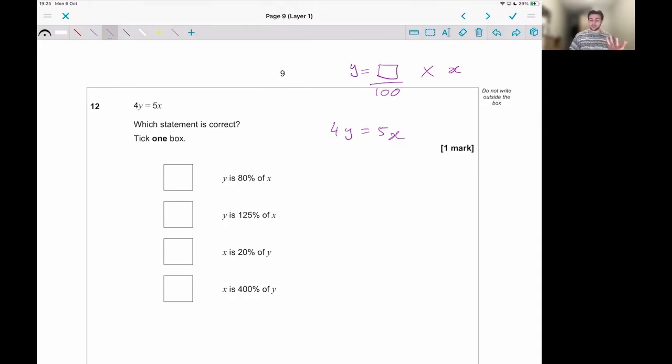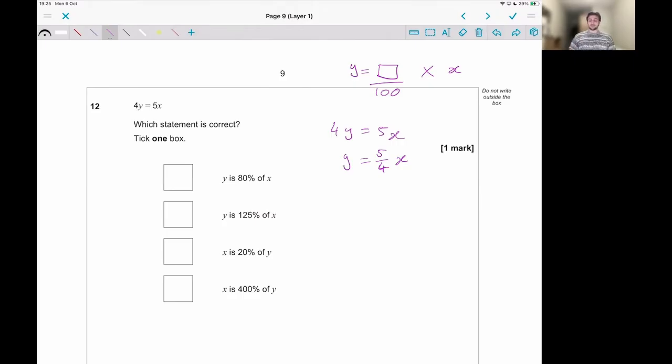Well, we wanted y on its own, so let's divide by 4 so we can get y on its own. We also have to divide the other side by 4 to keep the sides equal. That's 5 over 4x. But now we want this as a number divided by 100. So what can we do to the top and the bottom to make the bottom equal to 100 of this fraction, 5 over 4?